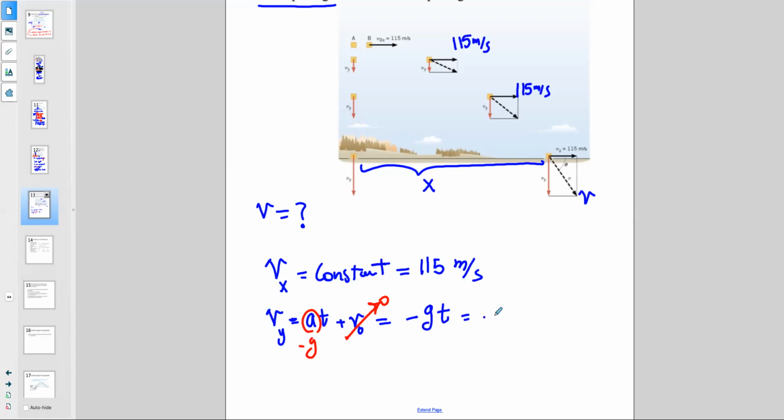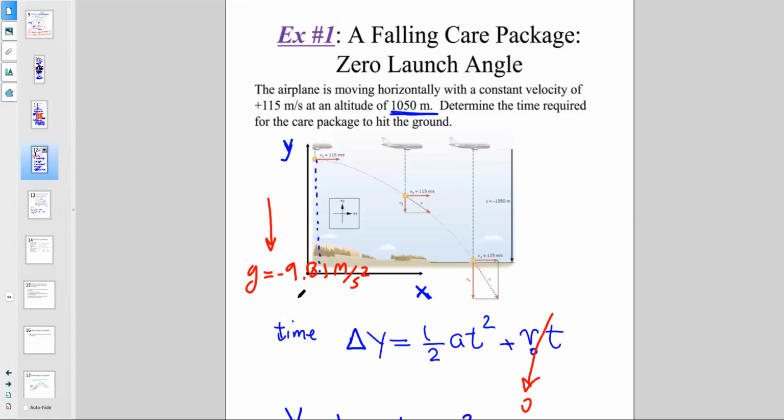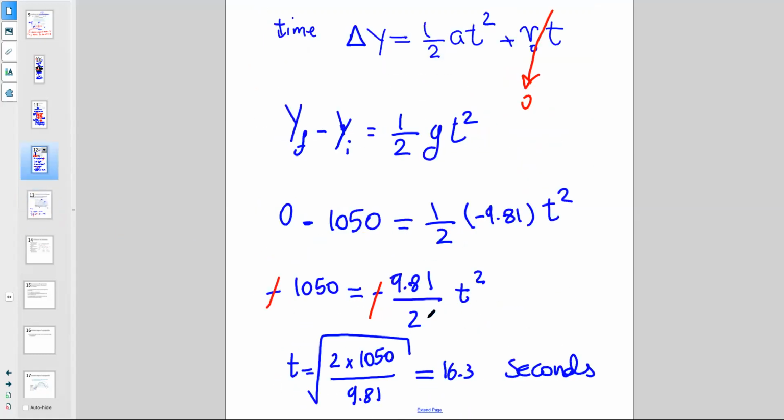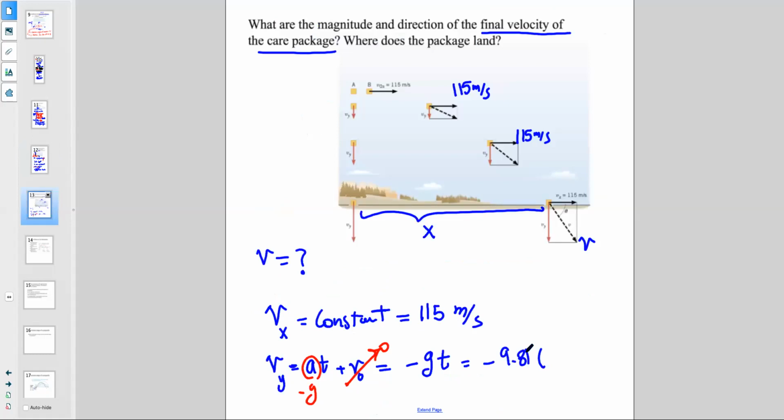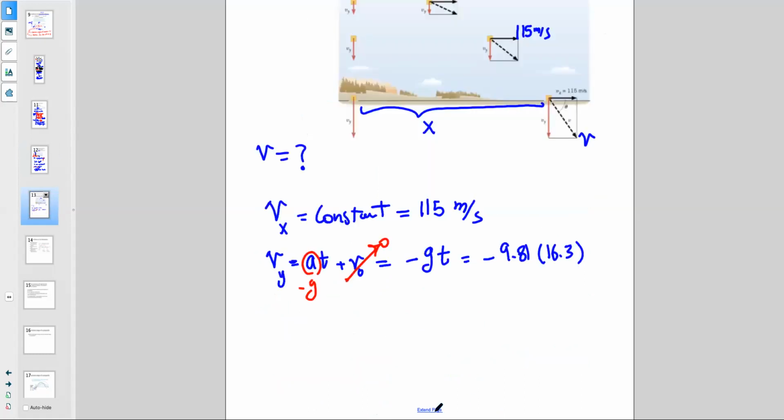Negative g is negative 9.81. T was 16.3 seconds, as I just calculated a few seconds ago. Let me calculate it to see what I can get.